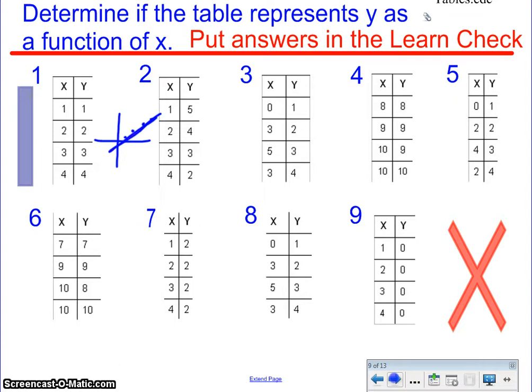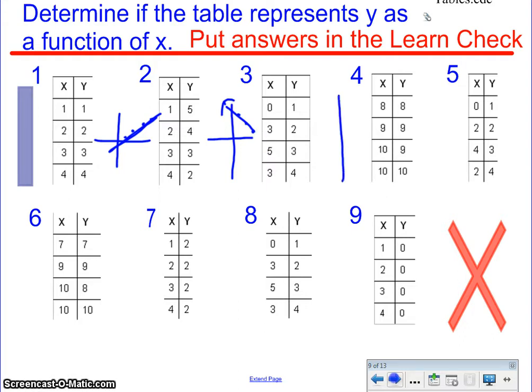So it's going to look something like a straight line. So it is a function. Everything's good. Passes our pencil line test. Here's another graph. I've got 1, 5, 2, 4, 3, 3, and 4, 2 coming down. So it just looks the opposite, but it is also a function.